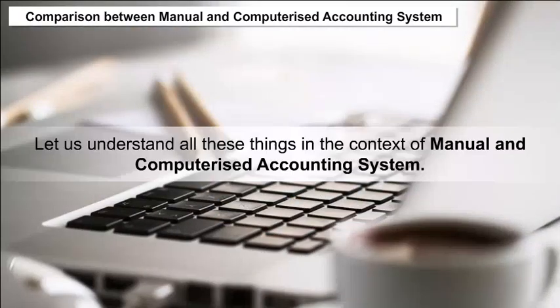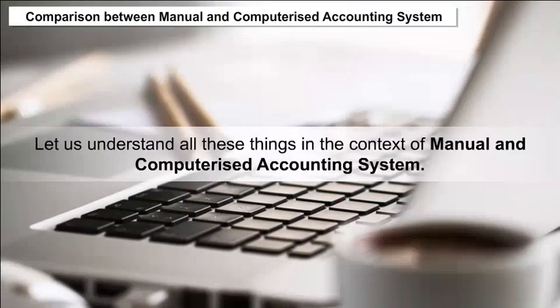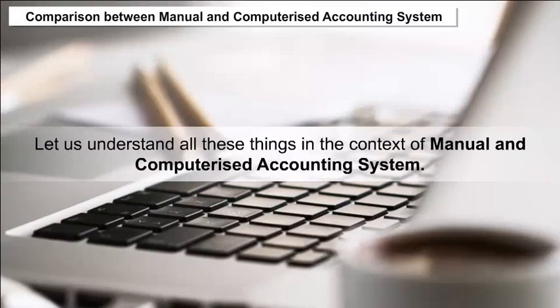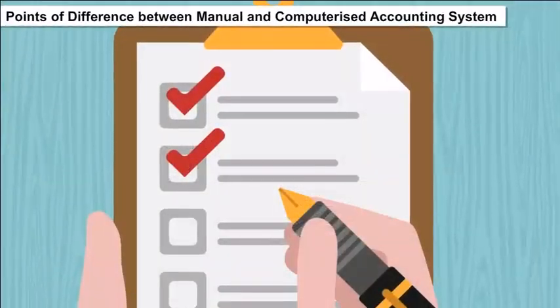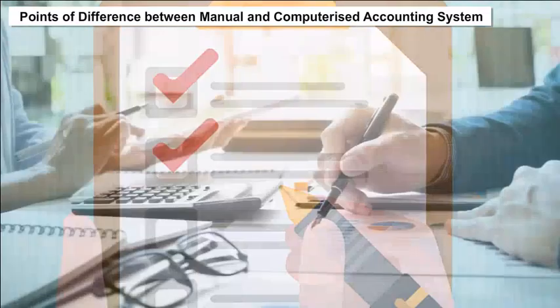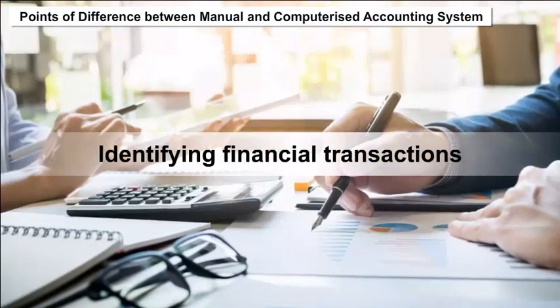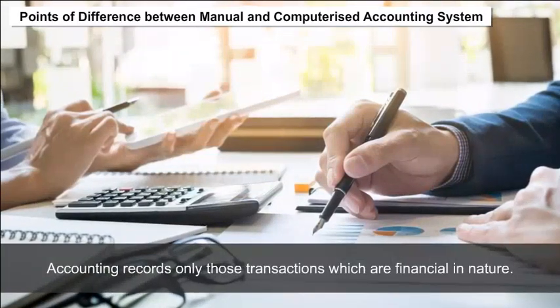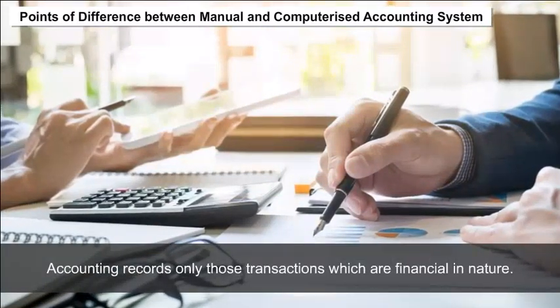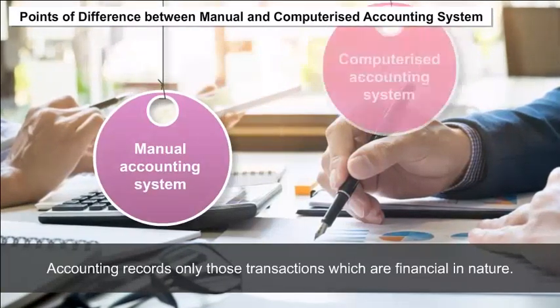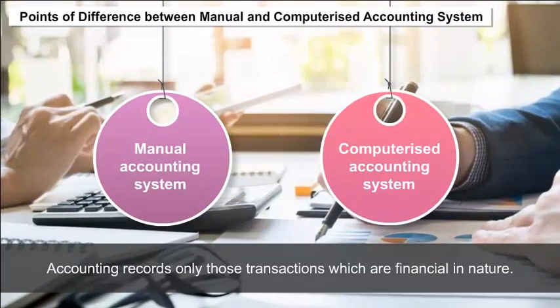Let us understand all these things in the context of manual and computerized accounting system. Points of difference between manual and computerized accounting system. Identifying financial transactions. Accounting records only those transactions which are financial in nature. This is common in both manual and computerized accounting system.